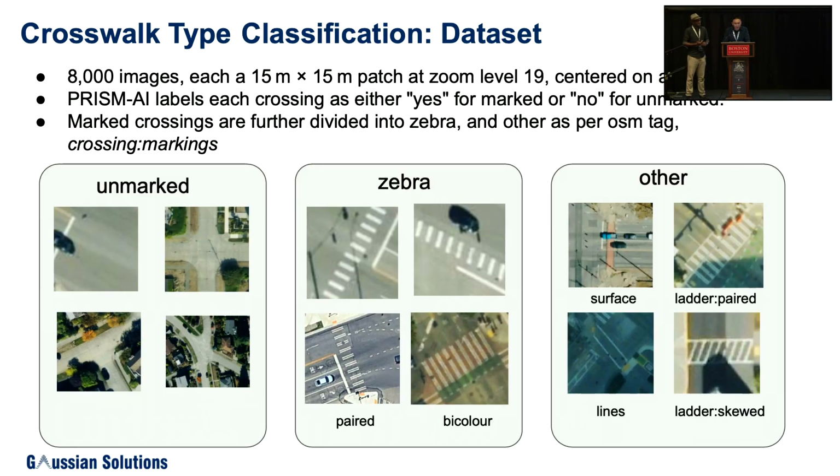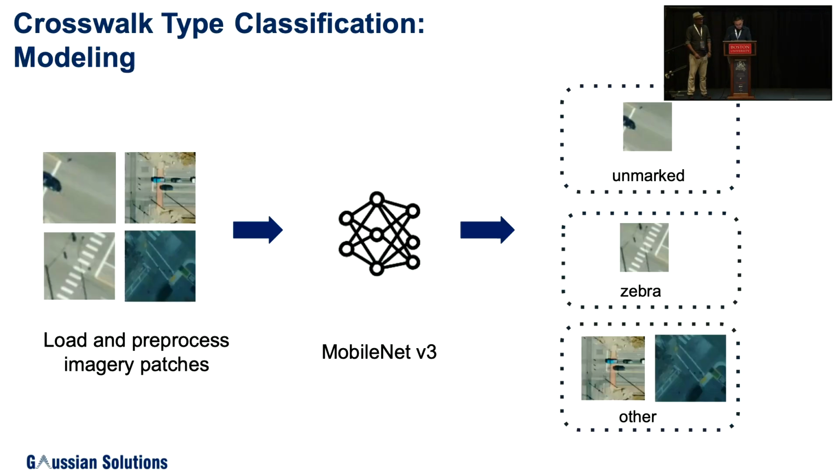And for the marked crossings, we further divided them into zebra and other. Now that we have a data set, we can work on the modeling part for this task. The first step is to load the images and then do some standard pre-processing, including data standardization and data augmentation, and after that we can fit it into our model.